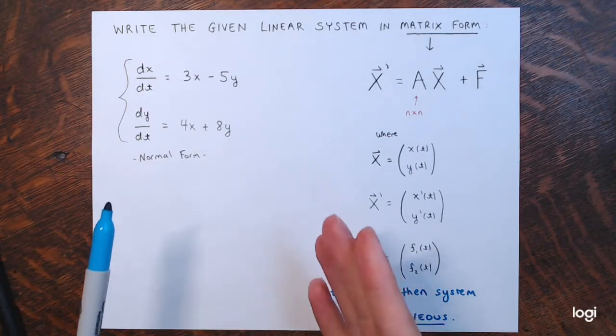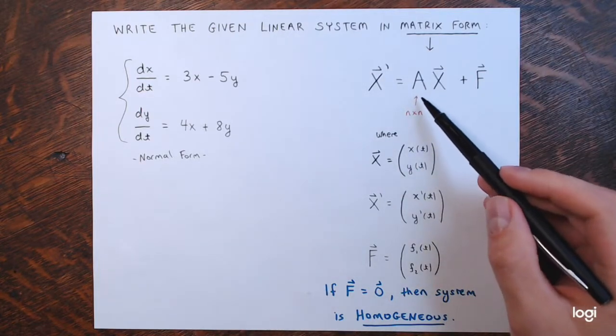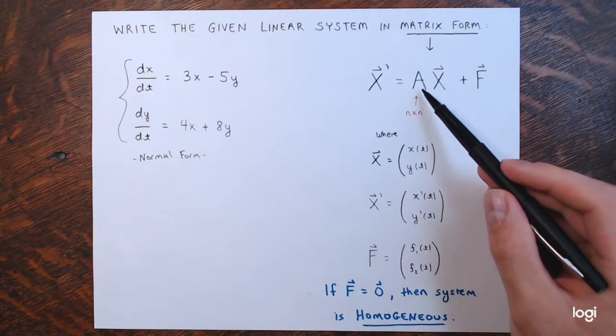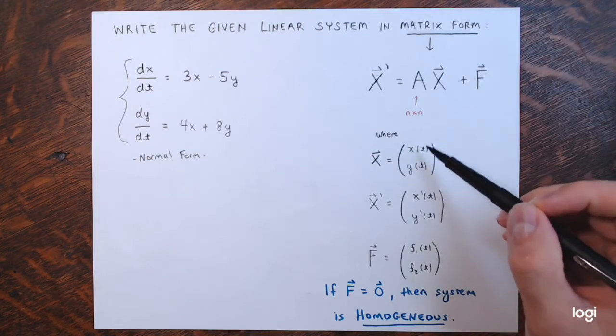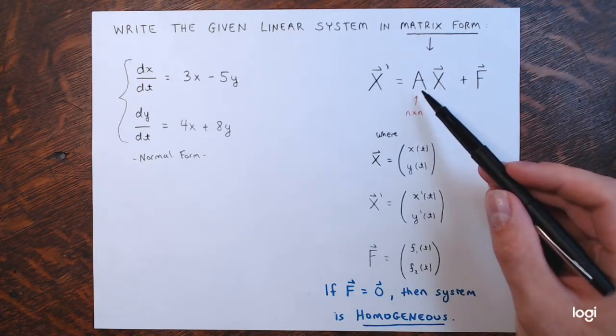In this video and in future videos on solving systems of linear equations, our n by n matrix A is made up of the coefficients of the functions x of t and y of t. For the most part, we're going to be considering just systems where those coefficients are constants, not other functions of t itself.